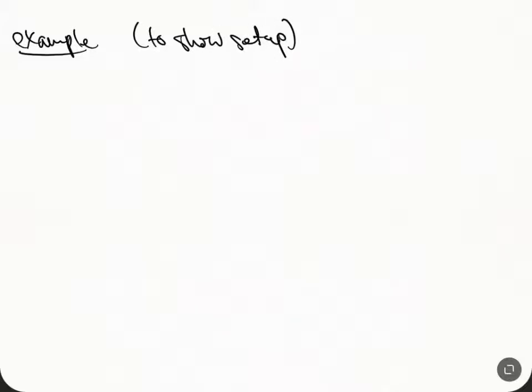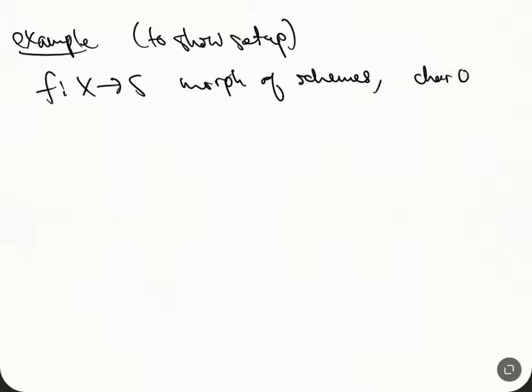So for the Hodge filtration, this is for a map of schemes. And for this to converge, let's say everything's in characteristic 0. So maybe this could be a morphism of varieties over C.